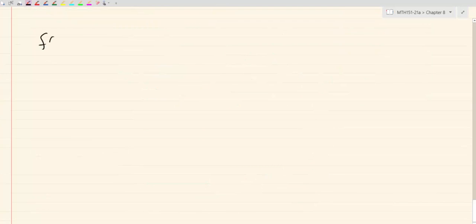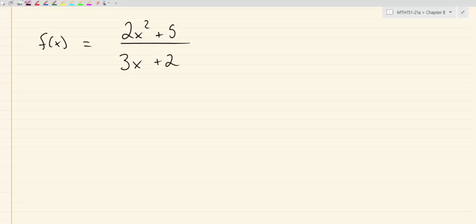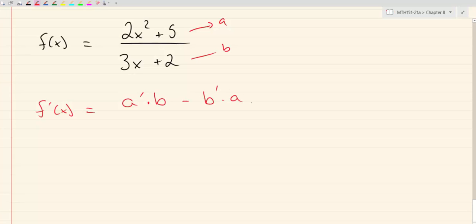So let's say f of x equals 2x squared plus 5 divided by 3x plus 2. And so this is going to be A, this is going to be B. So the first derivative is equal to A prime times B minus B prime times A, all divided by B squared.